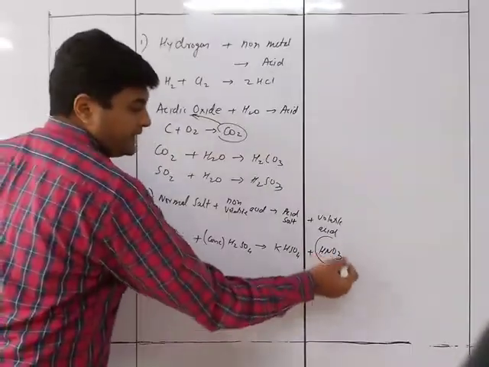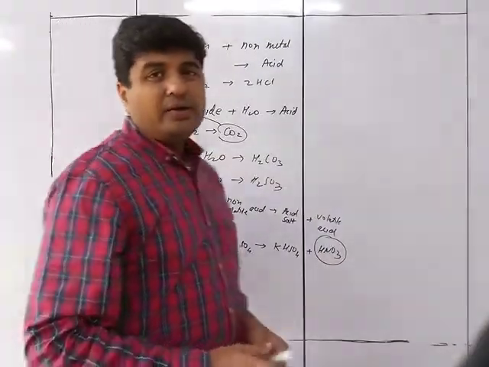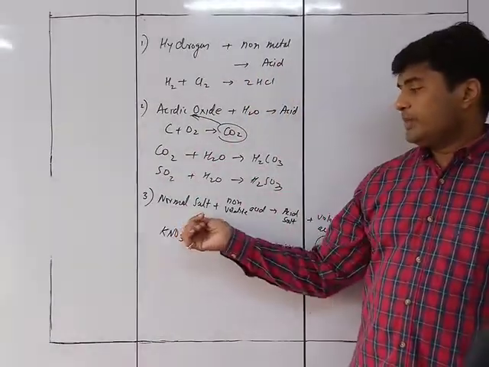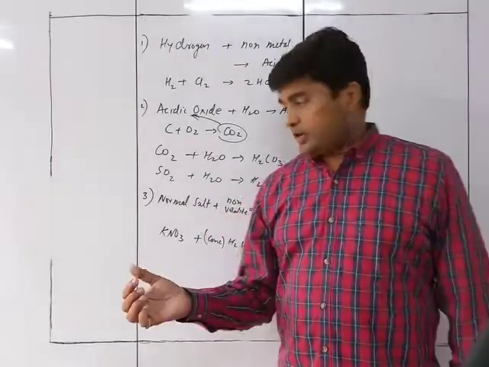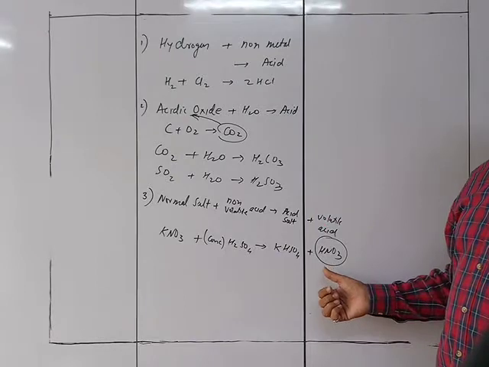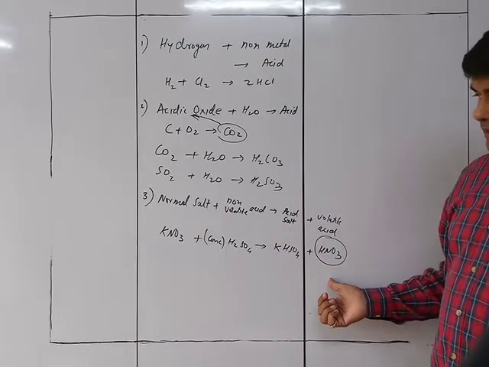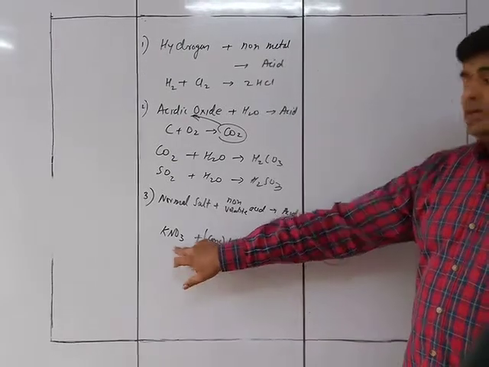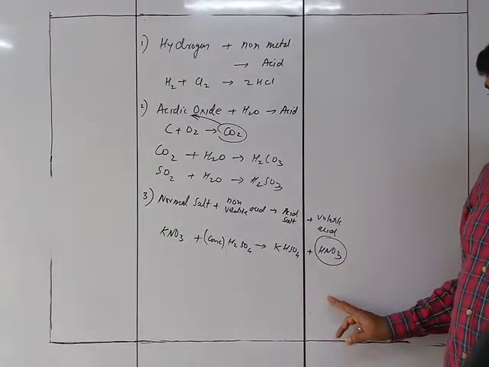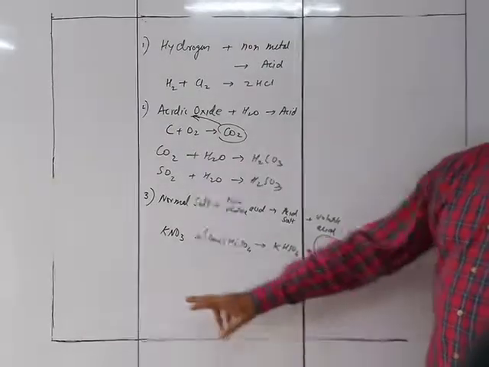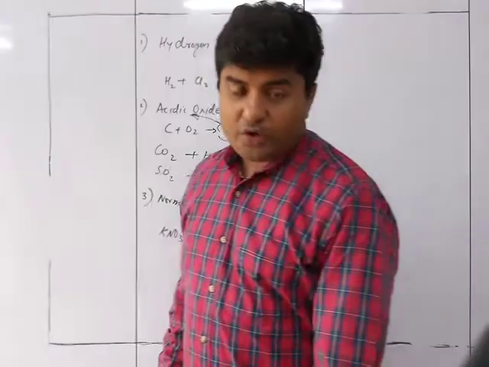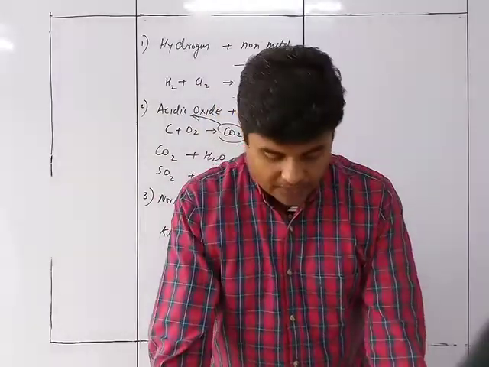So this is how the acid HNO3 is formed from a normal salt using another non-volatile acid. If this had been a chloride, you would get hydrochloric acid. Depending on the salt used, you get a different acid: nitrate will give nitric acid, chloride will give hydrochloric acid. So that is the formation of acid from a salt.